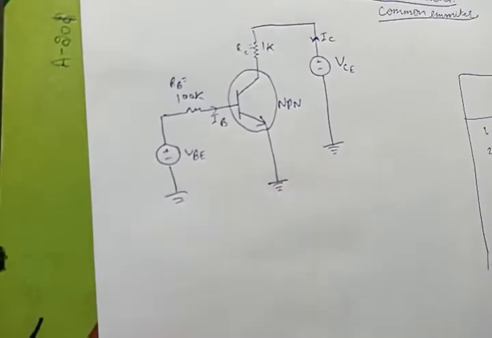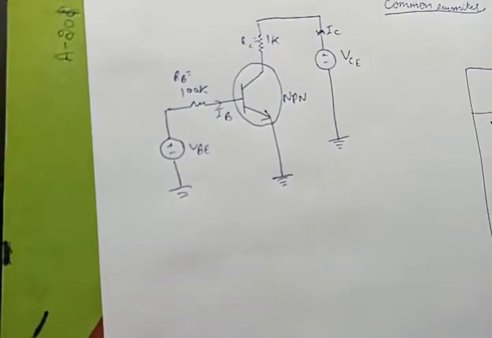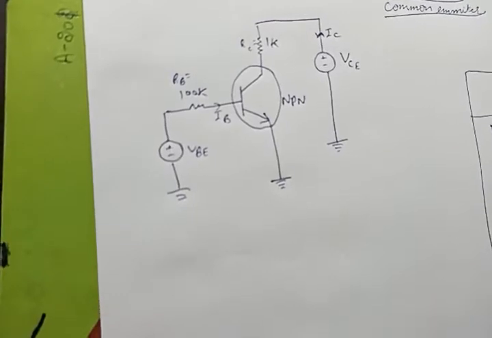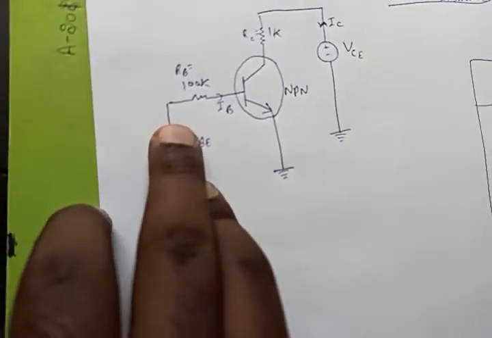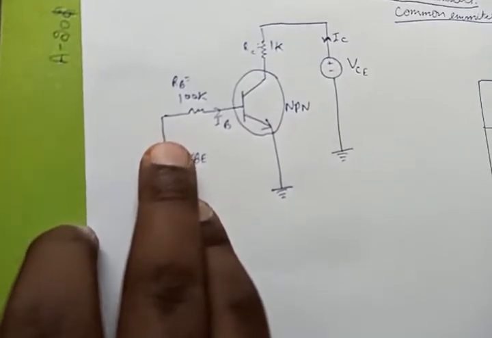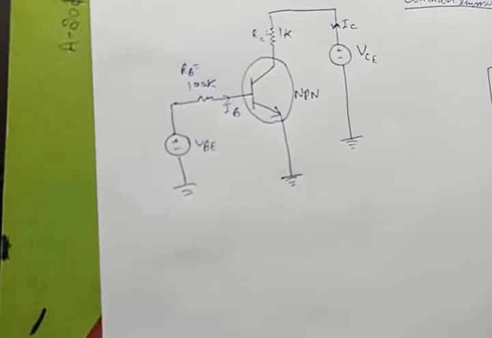So it is a common emitter configuration, and we have a 100 kilo ohm resistor at the base input and a 1 kilo ohm resistor at the collector.